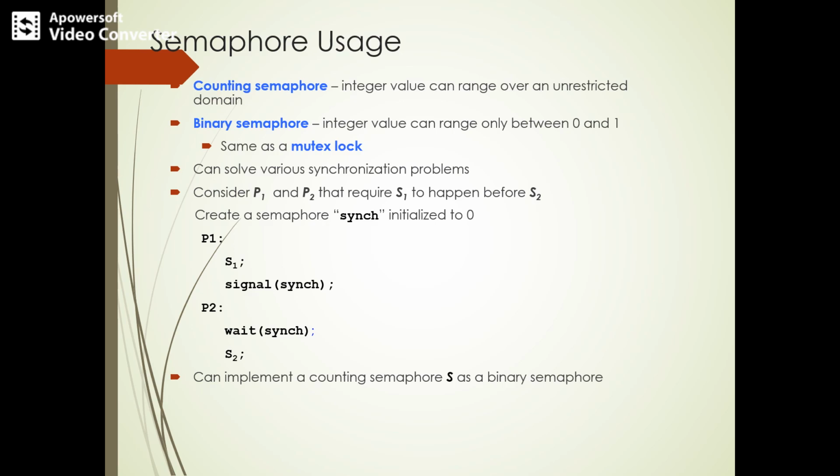In process P1, S1 is executed and then there is a signal of sync, which is initialized to 0. Next, in process P2, wait of the same sync is performed, and then S2 is executed.